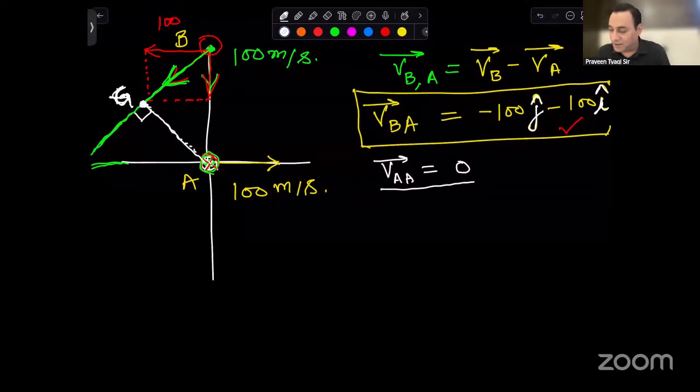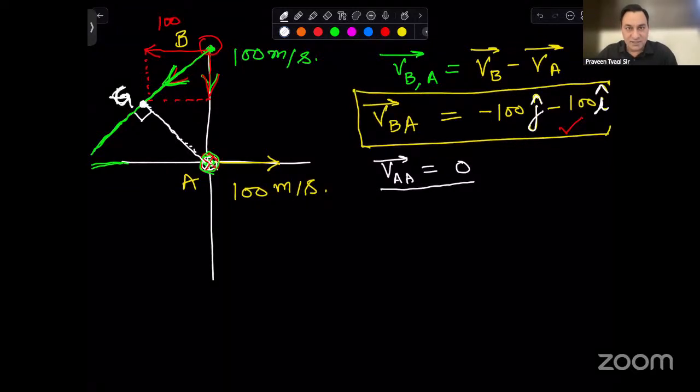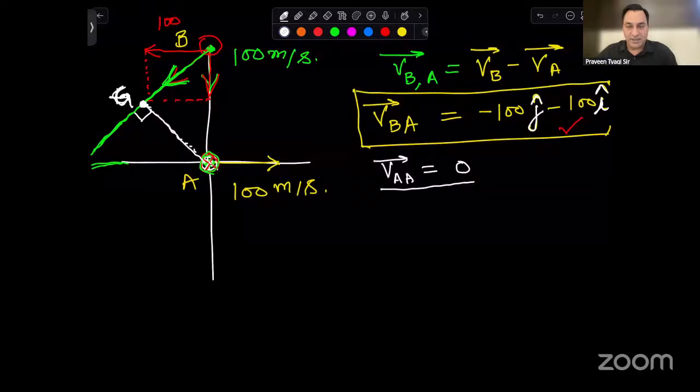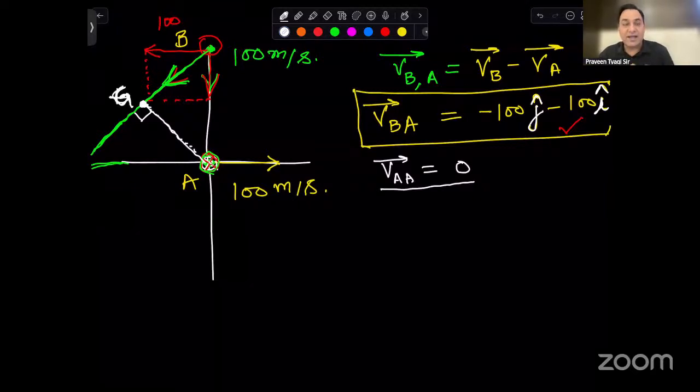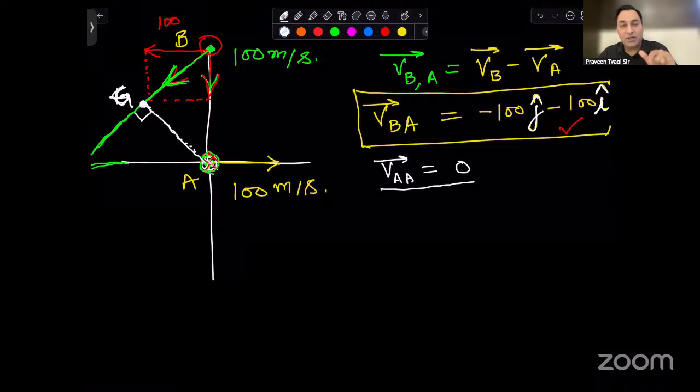It's a very, very beautiful application of relative velocity. Just try to understand the solution, and then we'll do a very, very beautiful problem based on the same thing. I'm going to rub this, and I'm going to do another question now, so that you have a very fresh perspective about the same approach.